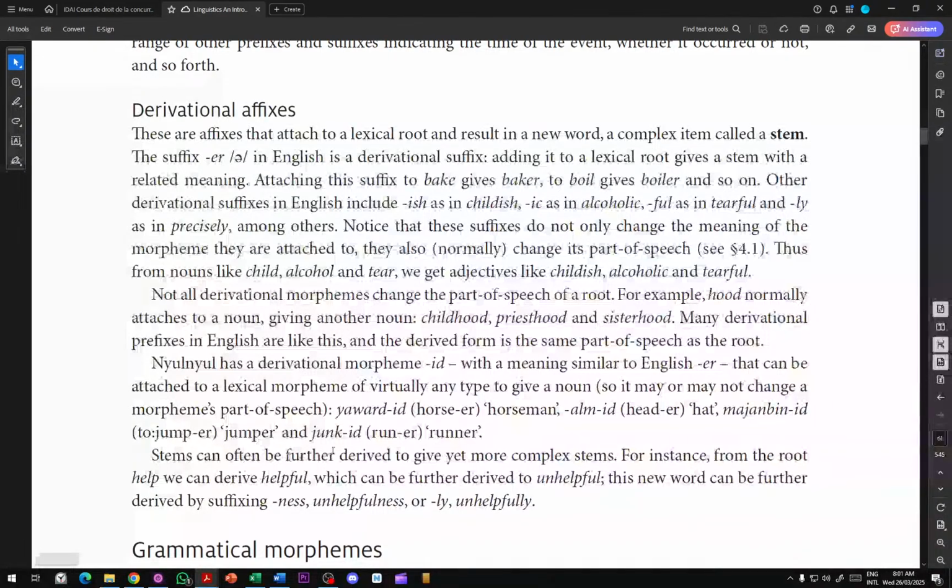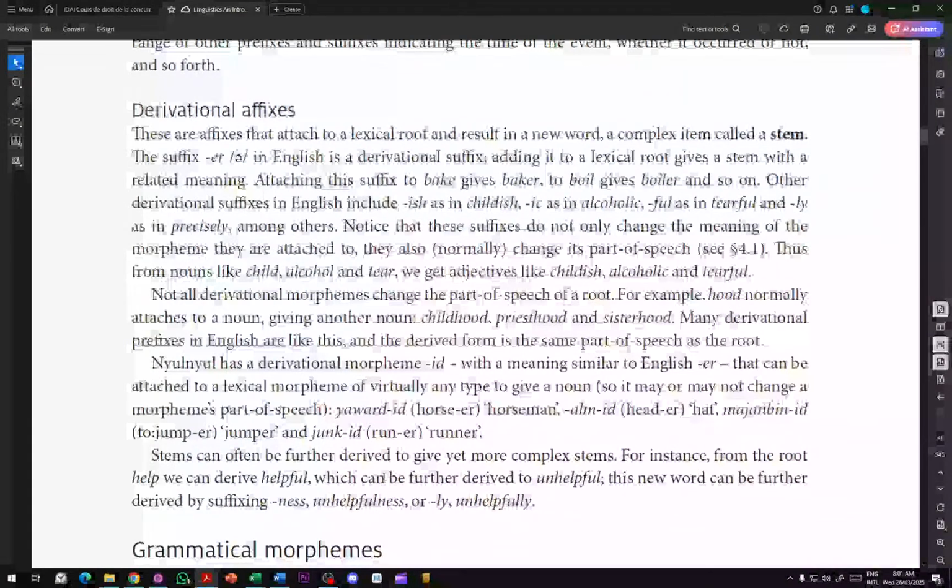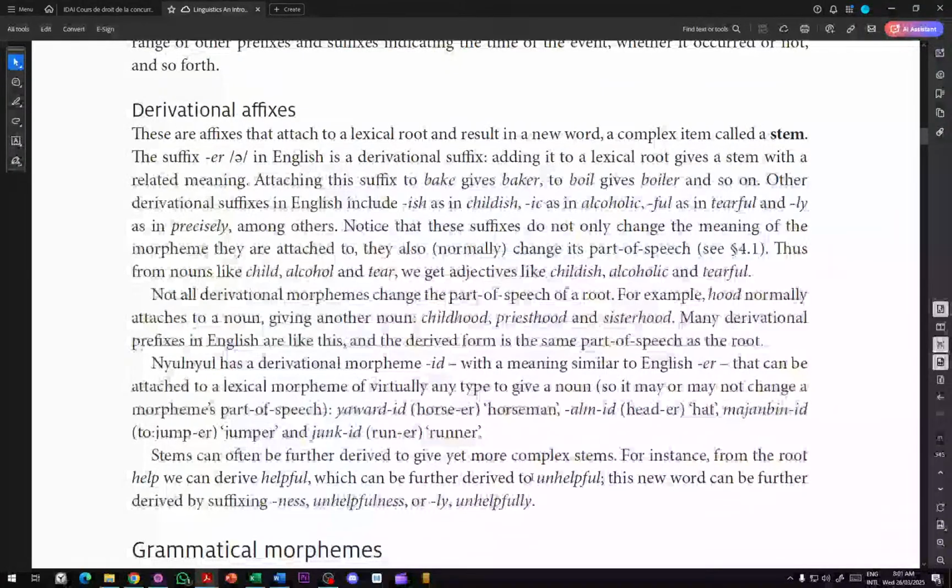Stems can often be further derived to give yet more complex stems. For instance, from the root help, we can derive helpful, which can be further derived to unhelpful. This new word can be further derived by suffixing -ness, unhelpfulness, or from helpful, unhelpfully.